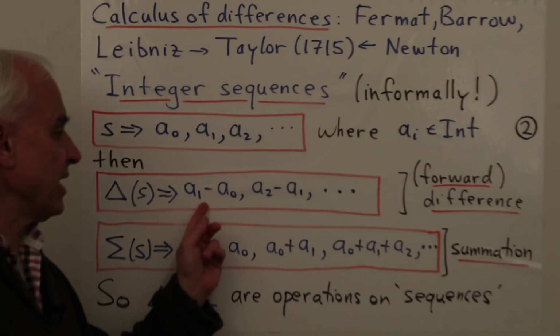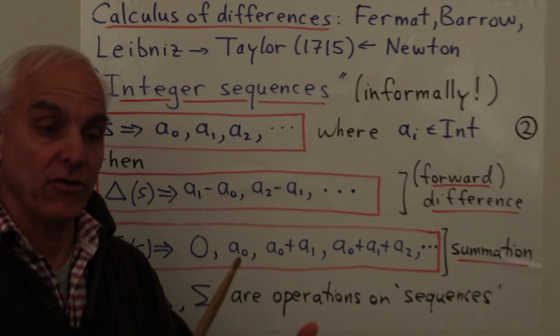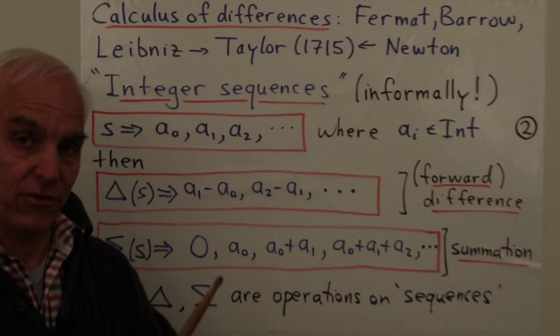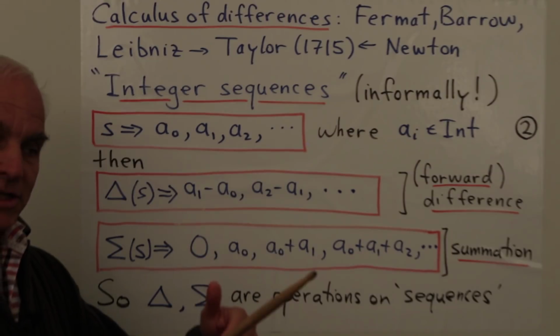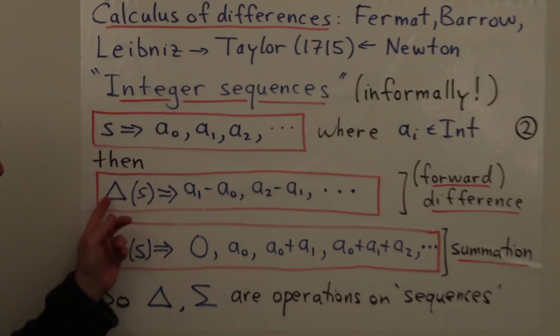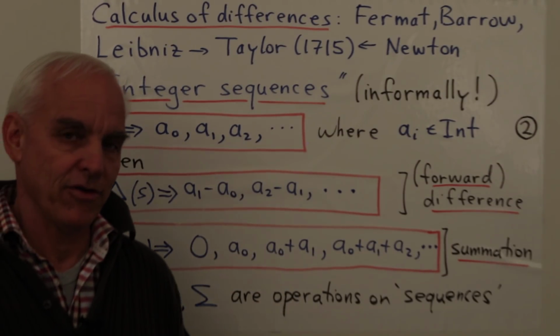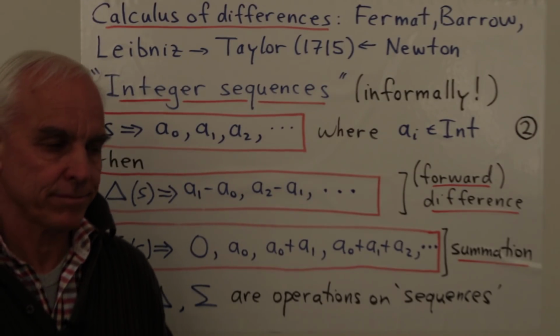So this is a sequence of successive differences of the original sequence. Because differences or changes are involved, the delta symbol is perfectly reasonable.